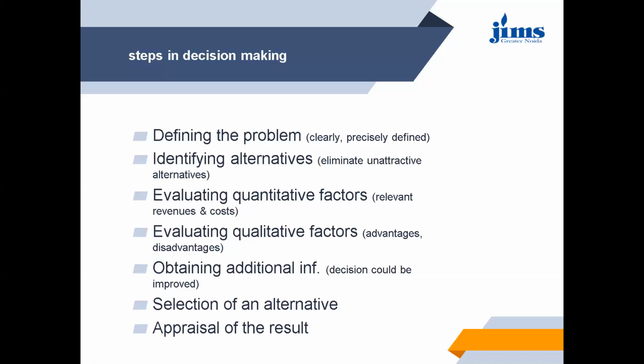It may happen that the company or the particular manager has made a mistake in taking a particular decision. So the results have to be monitored. Then we have to be ready to adapt the plan, or we can switch to another alternative if a particular alternative does not work out.